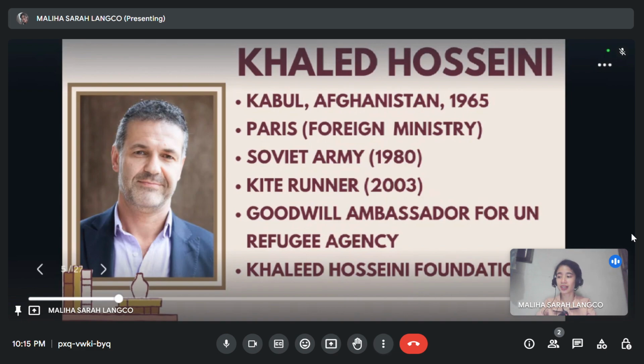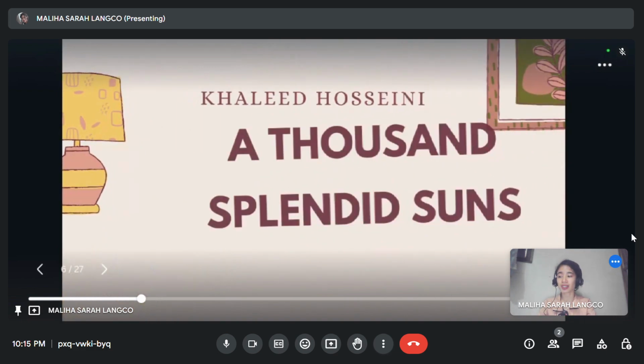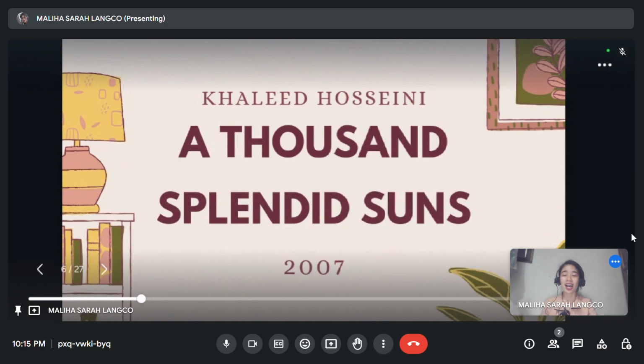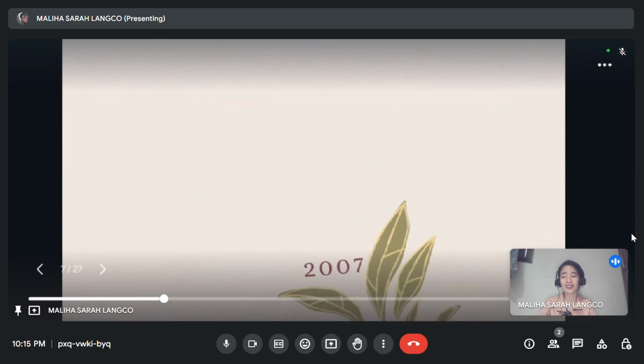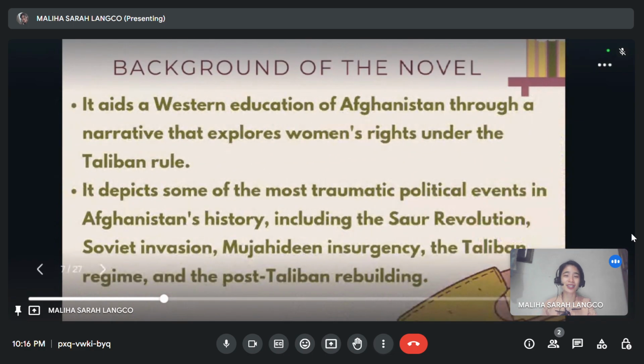Now let's proceed to the elements of A Thousand Splendid Suns. Let's start with the background of the novel. The novel's purpose is to aid the Western education of Afghanistan through a narrative. It explores women's rights under the Taliban rule.